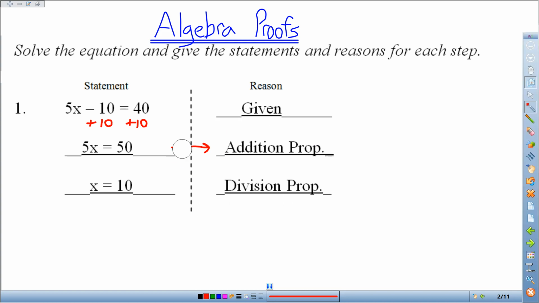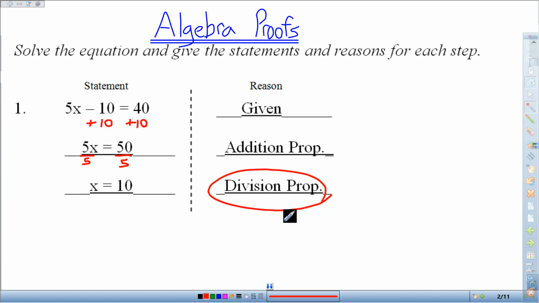And then you can see, moving on to the next one, the last step here, solving for x, we would get rid of 5 by dividing 5 from both sides, and we would get that x equals 10. Why do we know that? Because we use the division property. It's a little weird because if you notice, division property is written on this line, though when we did the division, it was on the previous statement.